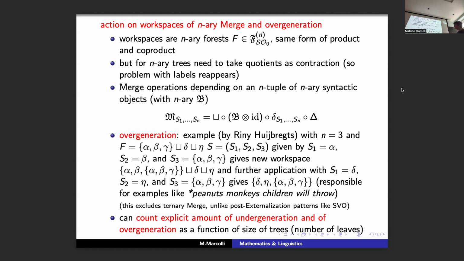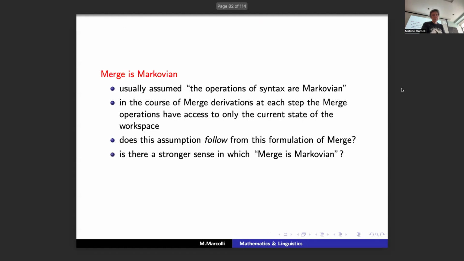But you can see, by following what the action of a hypothetical n-ary merge would be on n-ary forests, that now you will be picking n-ary terms in the left channel of your coproduct, and you'll be forming examples of syntactic combinations that don't actually exist in languages. So that was another reason why that excludes the n-ary merge.